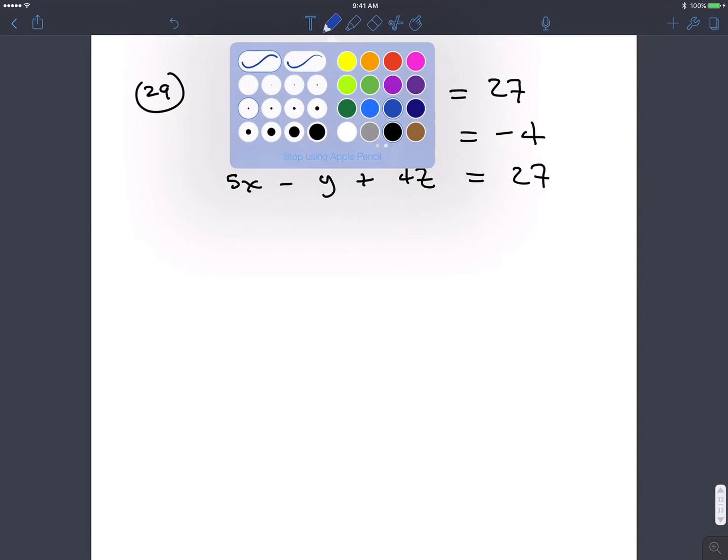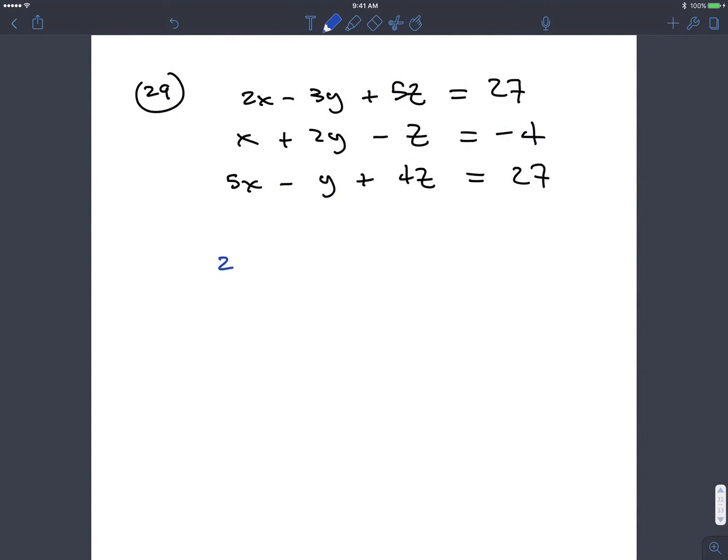So when we create this matrix here, let's use the coefficients. 2, negative 3, positive 5, 27, 1, 2, negative 1, negative 4, 5, negative 1, 4, positive 27.